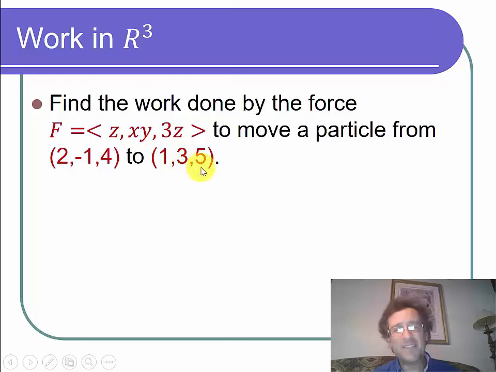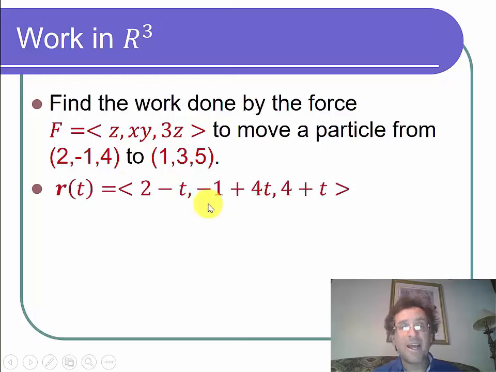It doesn't say this, but we're going to assume that when we say we're moving it from point to point, we're going to move it along a line segment. So we want to move the particle along the line segment between these 2 points. So as usual, we're going to start out with finding the parameterized curve.